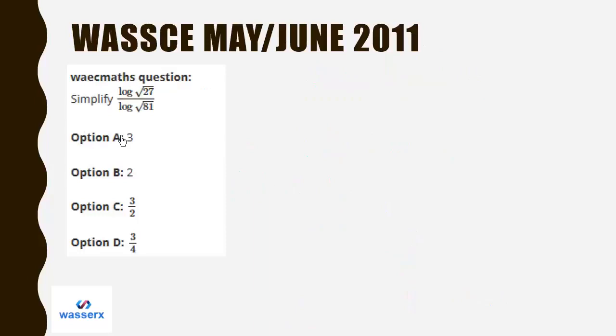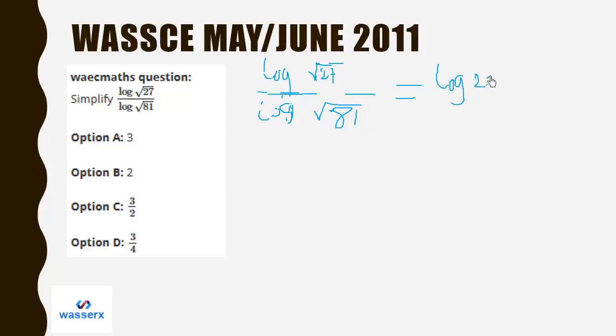Now we have another one over here. We want to simplify log of root 27 over log of root 81. And we can write this as an index number. So this will give us log of 27 to the power 1 over 2, all over log of 81 to the power 1 over 2.